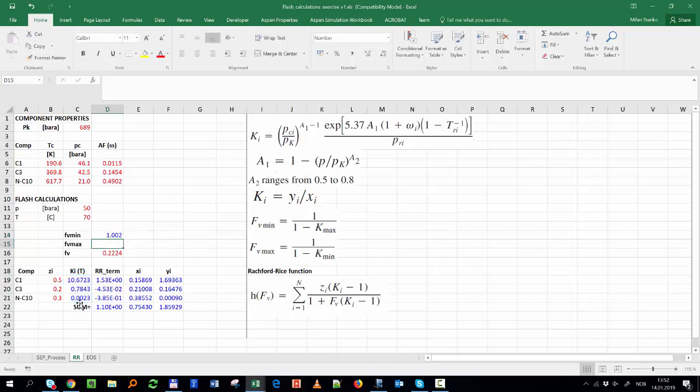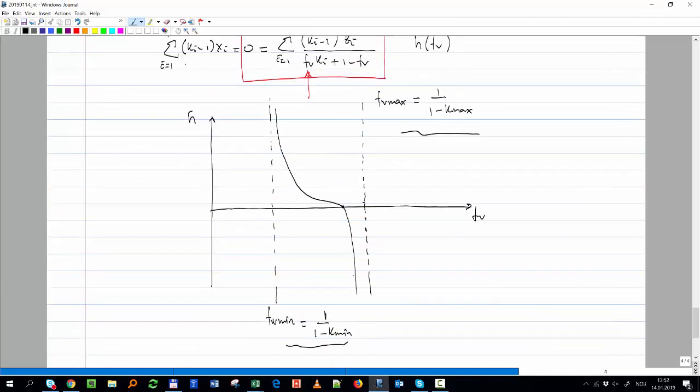We have to make it general, okay? Sorry, it's the other way. It should be K max, K min, and K max. So this should be K min. Sorry for that. And this should be K max.